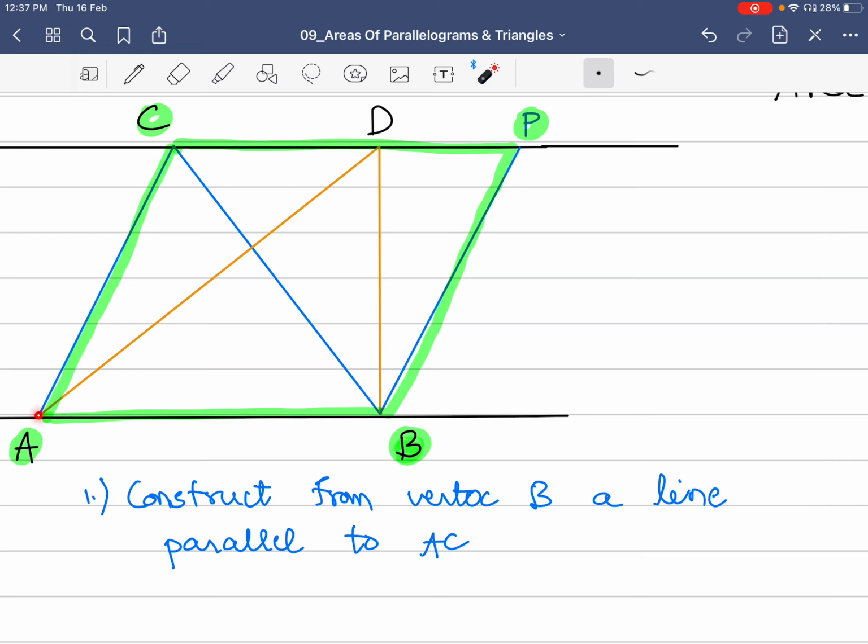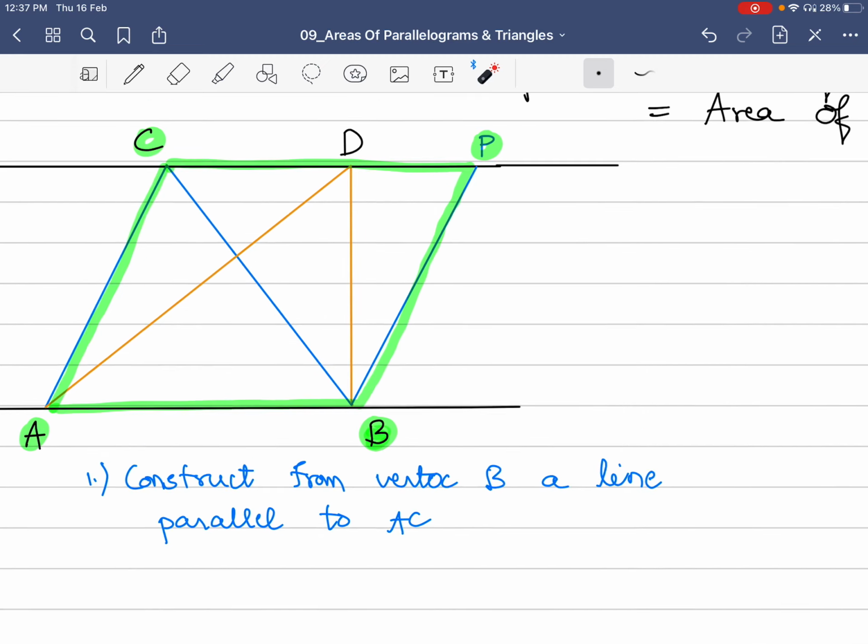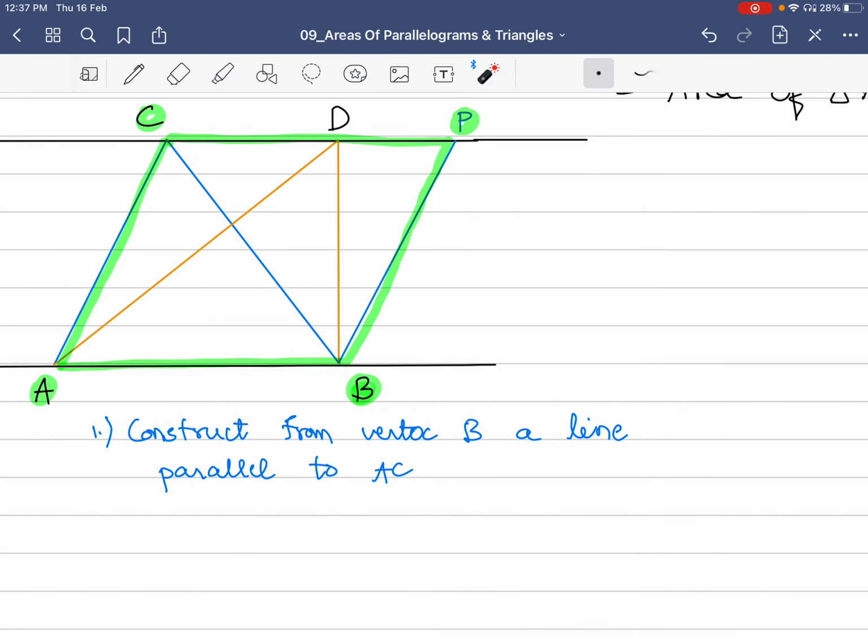So in this quadrilateral, opposite sides are parallel to each other, and if opposite sides of a quadrilateral are parallel, the quadrilateral is a parallelogram. That's an important observation. So point number 2: ABPC is a parallelogram. That is very important.